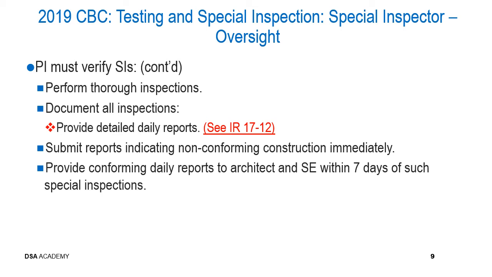They should also provide conforming daily reports to the architect and the structural engineer within 7 days of such special inspections. And note that any work that's pending DSA approval, so in a CCD, whatnot, needs to be indicated as a deviation on the reports if the contractor proceeds prior to getting DSA approval.